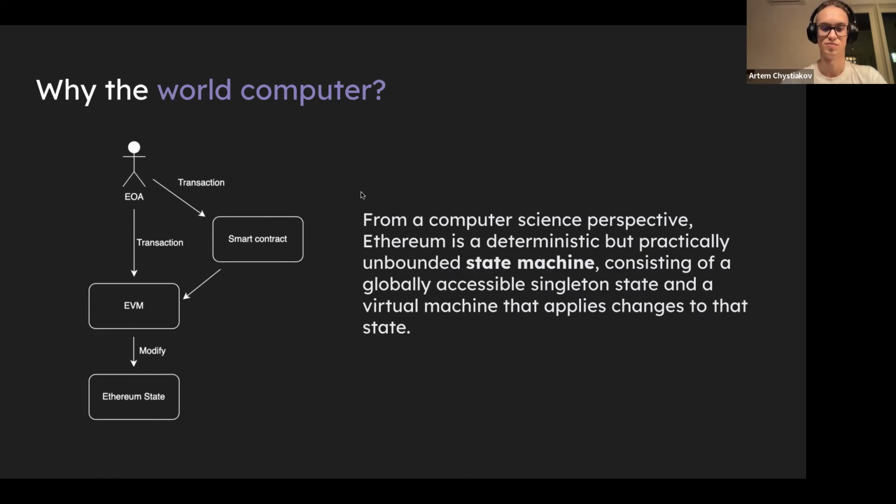So every transaction is presented with a special parameter called gas limit. And this gas limit says how complex the execution may be until the transaction runs. And if it runs out of gas, it will revert.